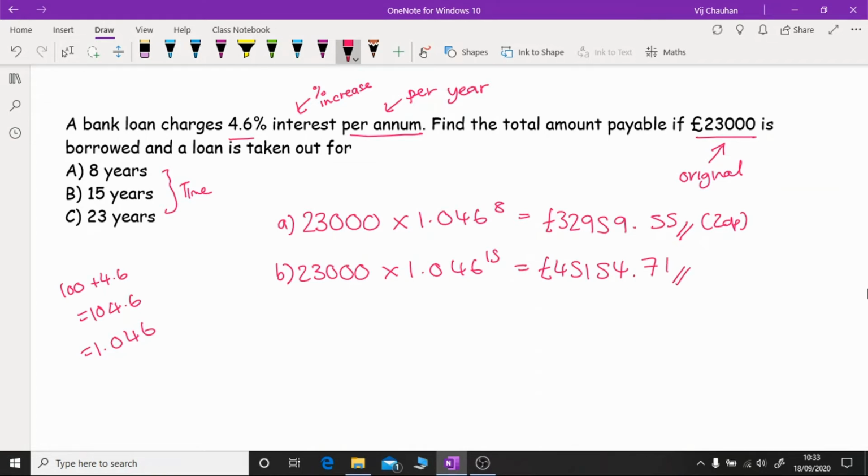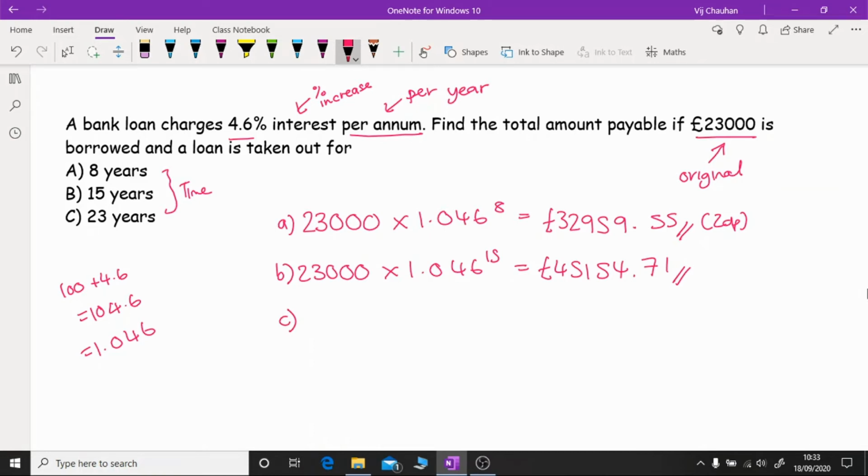So what this basically means is that if you were borrowing money from a bank, so for part A you're borrowing 23 grand, the interest rate is 4.6, and over 8 years you'll be looking at giving the bank just under £10,000 over what you actually originally borrowed. If you borrowed it over 15 years, you're looking at over £12,000 for just lending you that money. And again, for mortgages, it's quite scary.